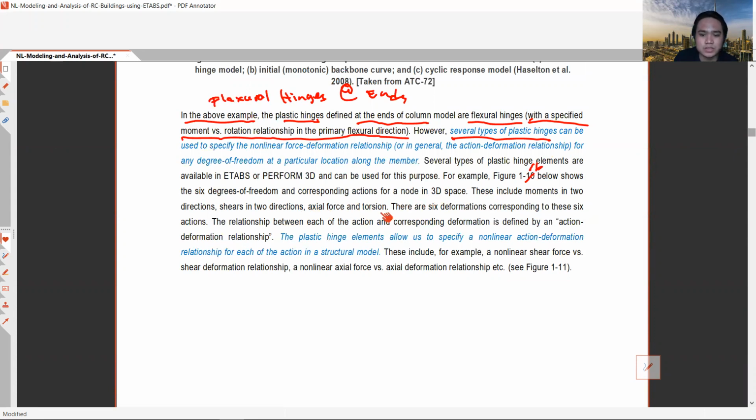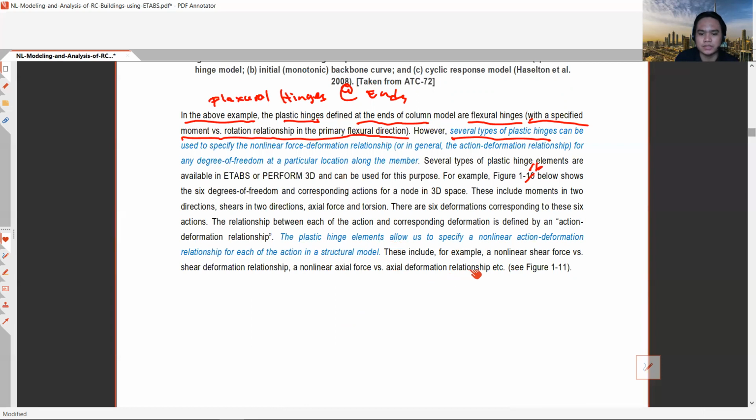So this includes the moments in 2 directions, the shear in 2 directions, and the axial force and torsion. So these are the 6 deformations corresponding to the 6 actions. So the relationship between each action and corresponding deformation is defined by the action deformation relationship. Okay. So the plastic hinge elements allow us to specify a nonlinear action deformation relationship for each of the actions in the structural model. Okay, so very good.